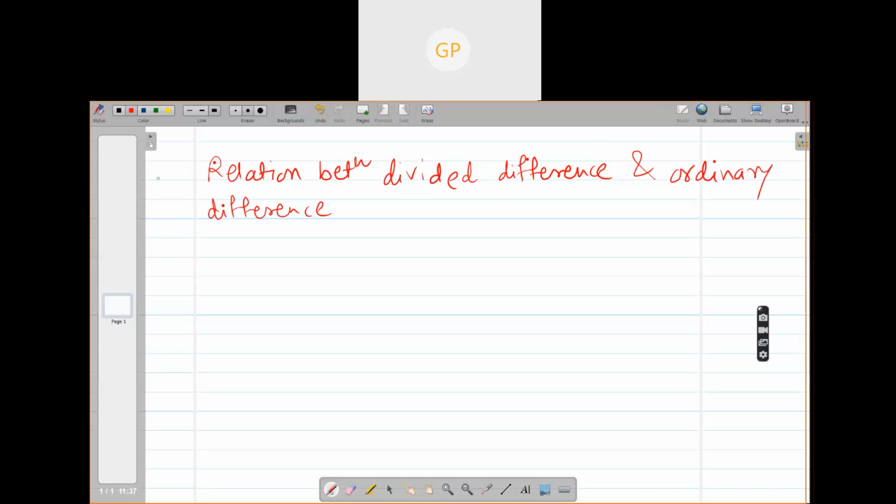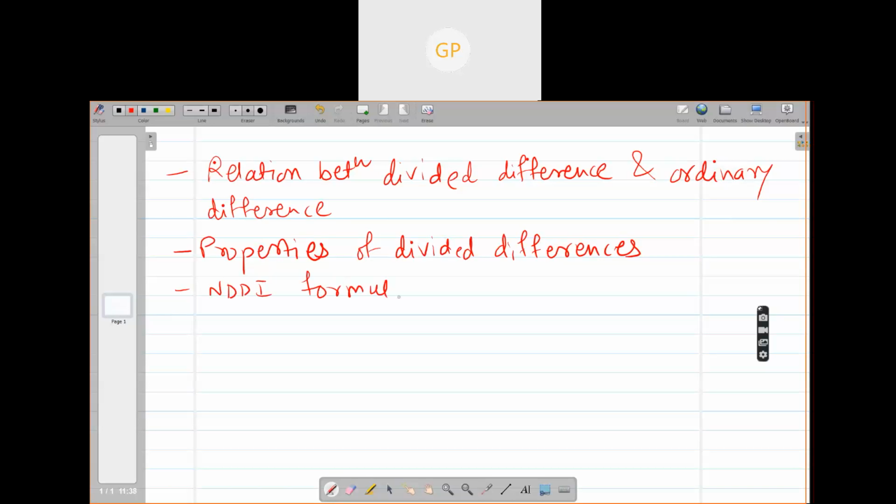This is what we want to see first. Then we will have some properties of divided difference. And then we will derive Newton's divided difference interpolation formula, the NDDI formula. So these three things we want to see today. Let us see one by one.